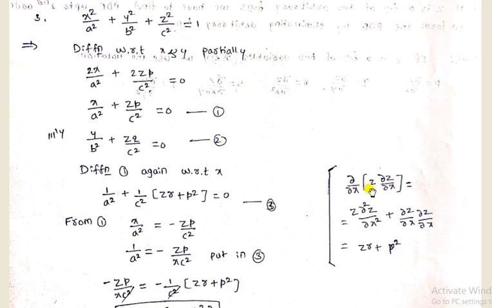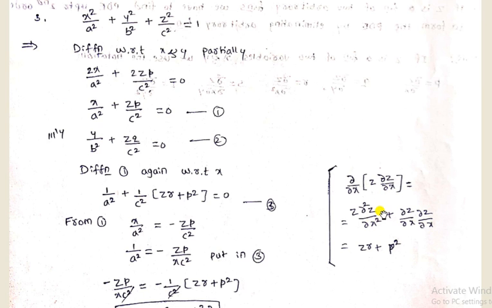Now we'll apply the differentiation of u into v rule. So keep z as it is. Differentiation of dou z by dou x with respect to x is dou square z by dou x square, plus now differentiate z with respect to x, so that becomes dou z by dou x into dou z by dou x here.